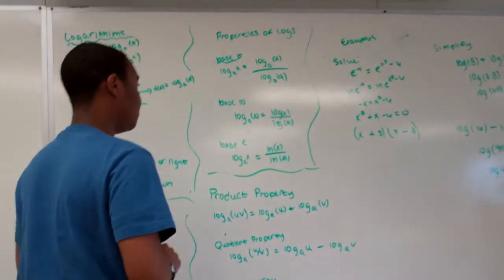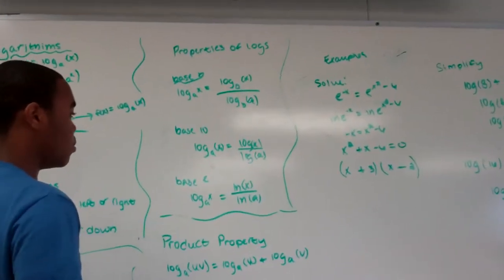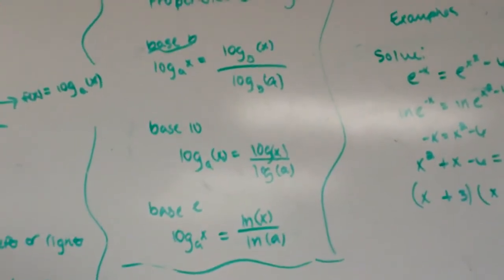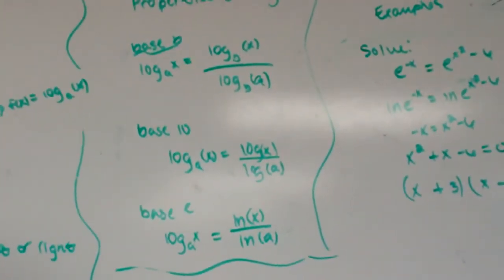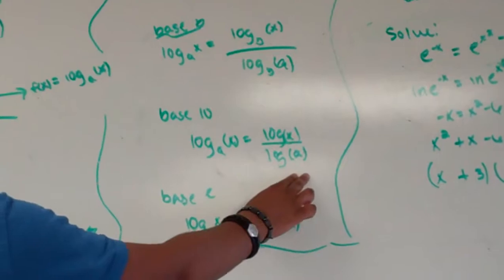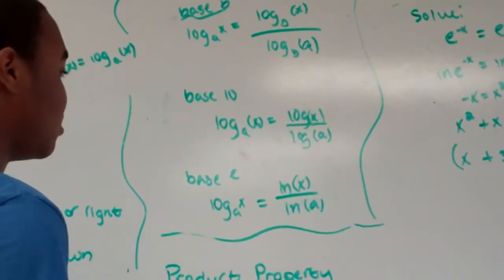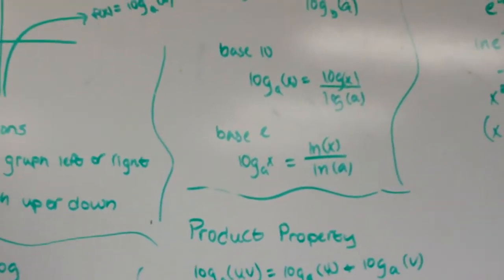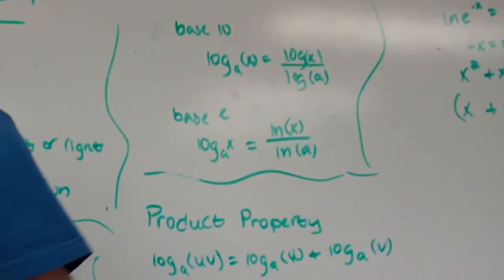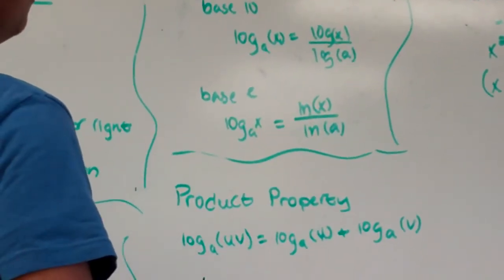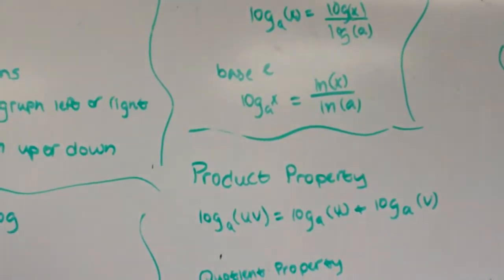If you have base 10, it's the same principle. You get log base 10 of x divided by log base 10 of a. The same thing occurs if you have the base e. This time you just take the natural log, so it'll be the natural log of x divided by the natural log of a.